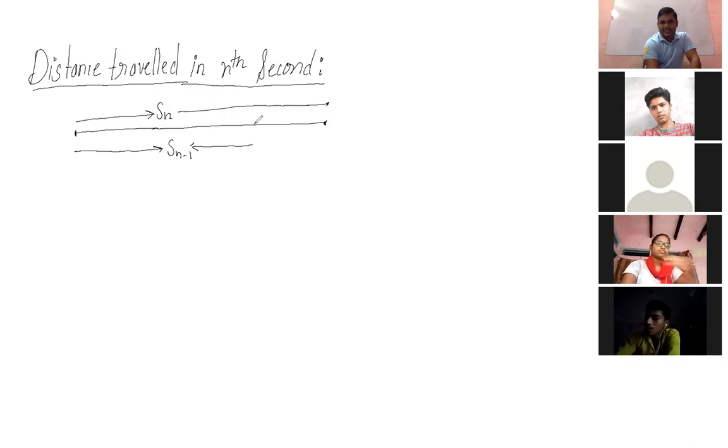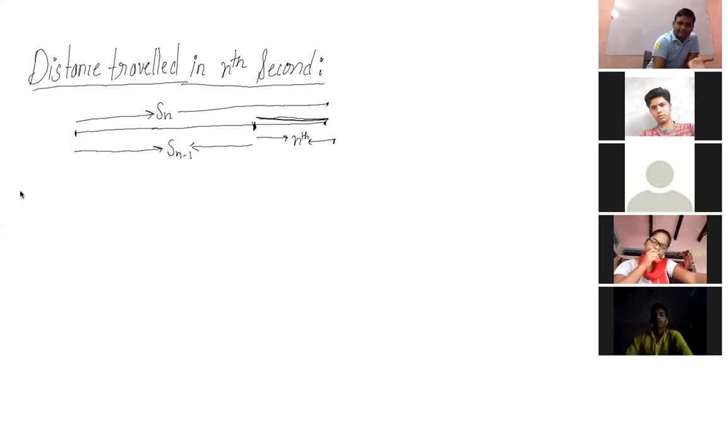So this will be the distance traveled by the person in the nth second. If it is the distance traveled in 10 seconds, and it is the distance traveled in 9 seconds, then the difference will be the distance traveled in the 10th second. Okay, so this we are willing to calculate.